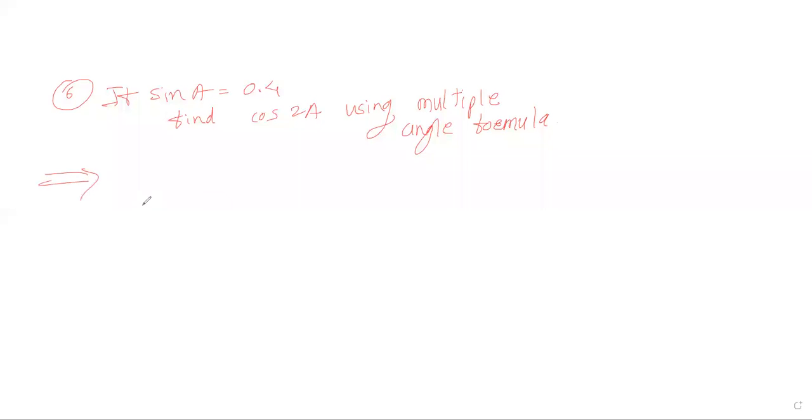Now the solution. We know this formula: 1 minus cos 2A is equal to 2 sin square A. आपण स्टँडर्ड फॉर्म्युला दिलेले होते ना, त्याच्यामध्ये हा फॉर्म्युला आहे. 1 minus cos 2A is equal to 2 sin square A.